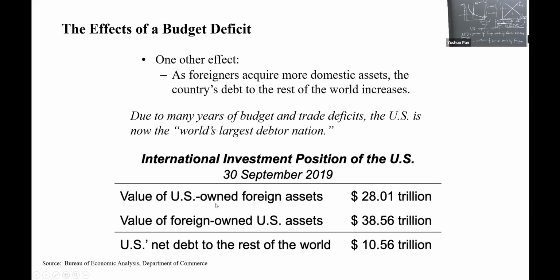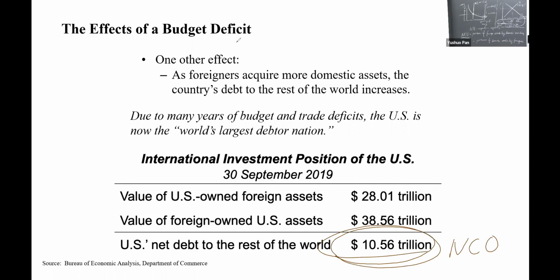So the value of US owned foreign assets, that's the value of foreign owned US assets, because NCO equals purchases of foreign assets by domestic residents minus the purchases of domestic assets by foreigners. So that's the net debt to the rest of the world. Oh, this is the net NCO. This is a negative number.